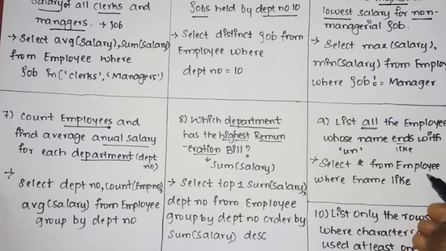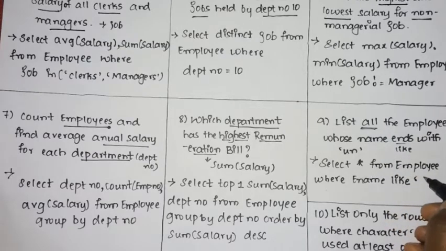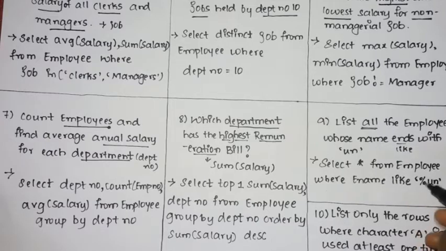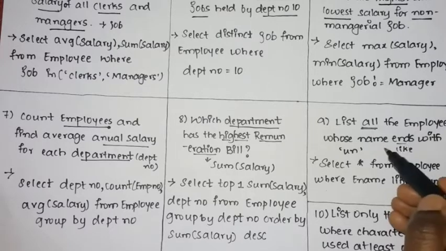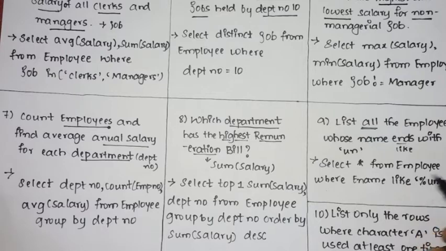So ename like, followed by, if you are specifying the word to end with UN, then first you need to specify the percentage, then at the end you need to have UN. Percentage means it can have some characters, then at the end it should have UN. If they have said it starts with UN, then you need to specify the percentage at the end, and UN should be at the beginning.